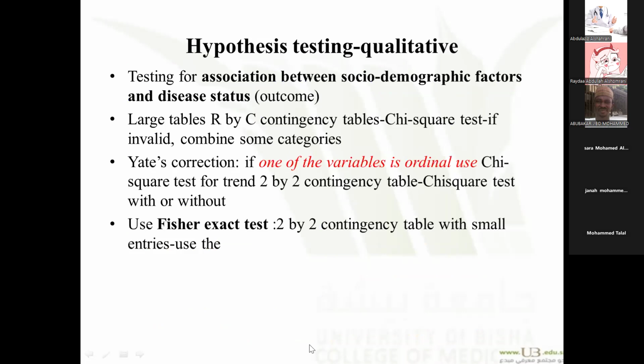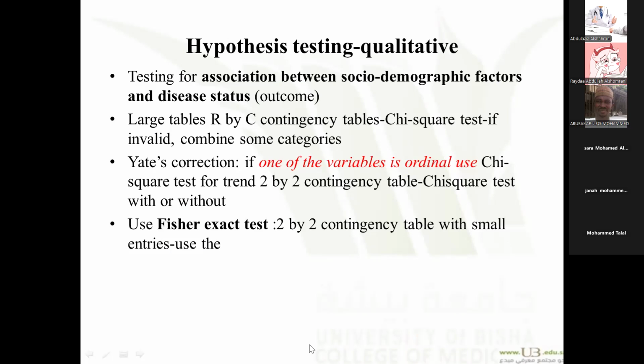Now, testing for association between socio-demographic factors and disease. We usually do this using a contingency table. And one of the commonest tests we use is the chi-square test, sometimes, if the data satisfies the conditions on which you can apply this particular statistical test.